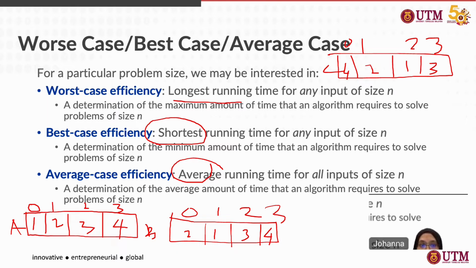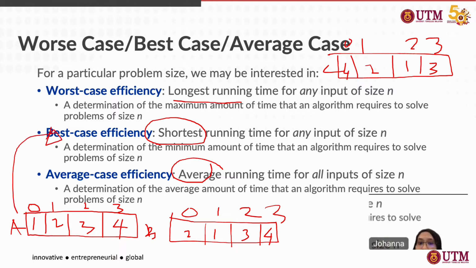So just imagine the sorting process: since this is already in sorted order, it can be categorized under the best case efficiency.